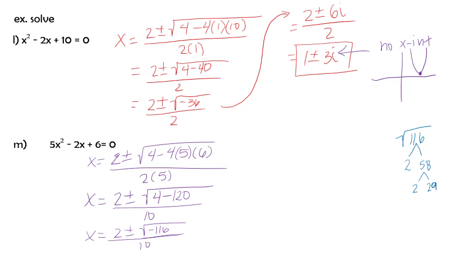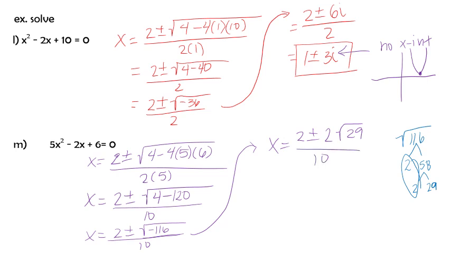Okay, and then I don't think that anything else goes into that, so I could pull out a 2. So this would be x equals 2 plus or minus 2 times the square root of 29 over 10. And notice, oh, I almost forgot my i because of the negative here.